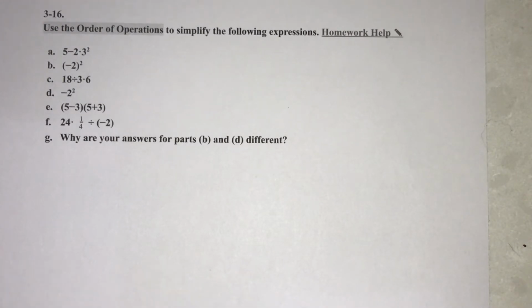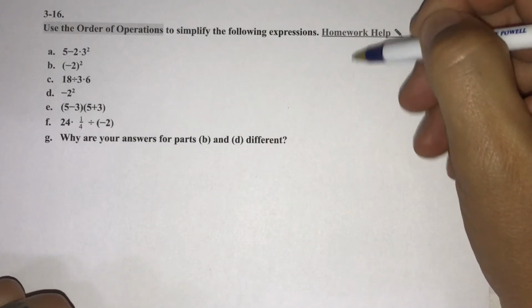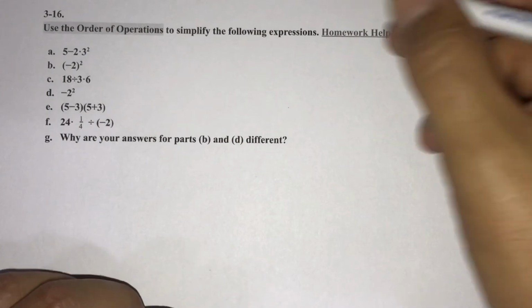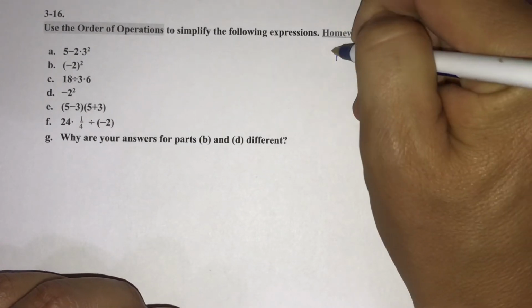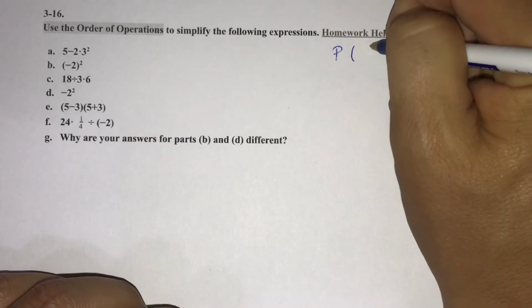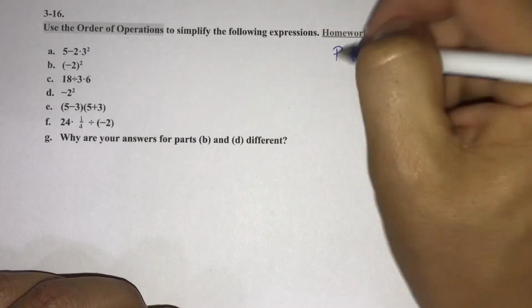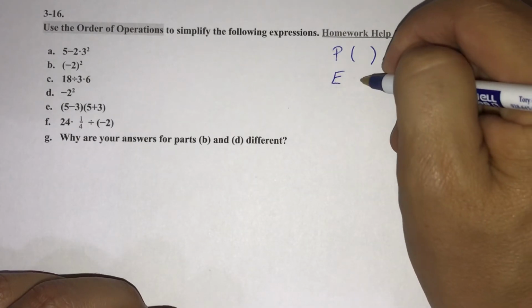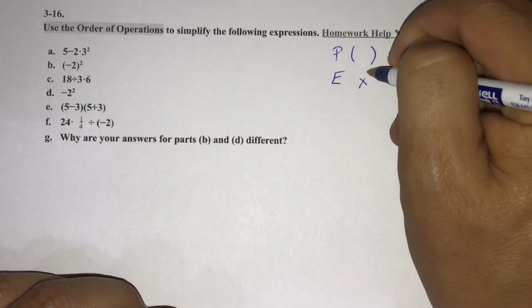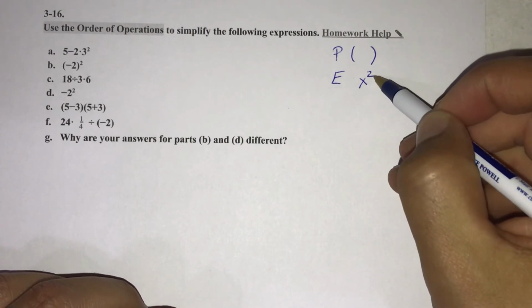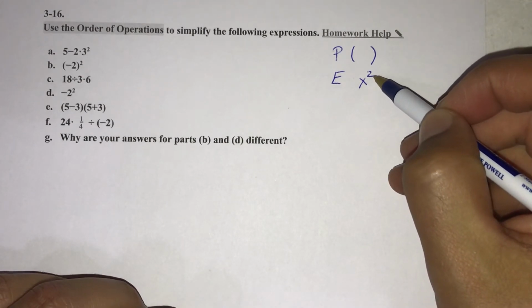So let's remember what our order of operations are, and I'm just going to jot it off to the side here. First operation that we want to look for, P, for parentheses. Find anything that's grouped together. E, for an exponent, when we see maybe a number with a little number up in the right-hand corner, that's an exponent.